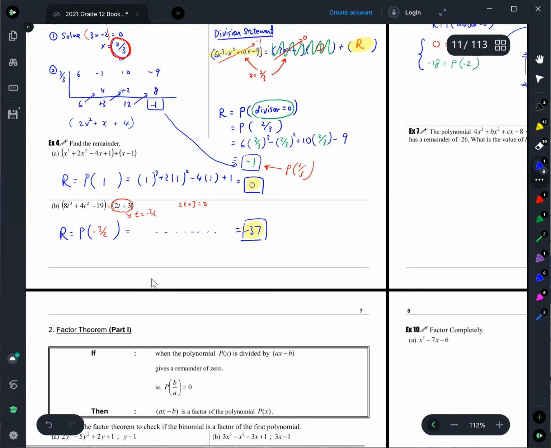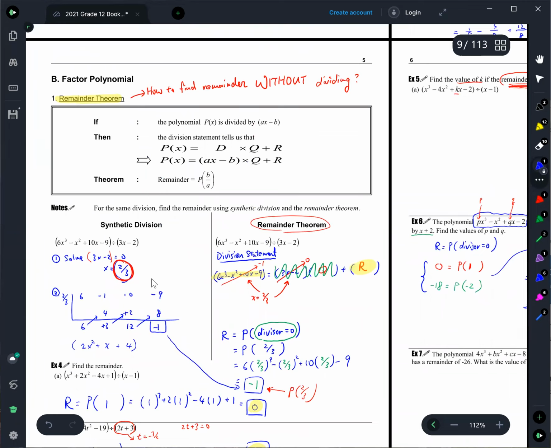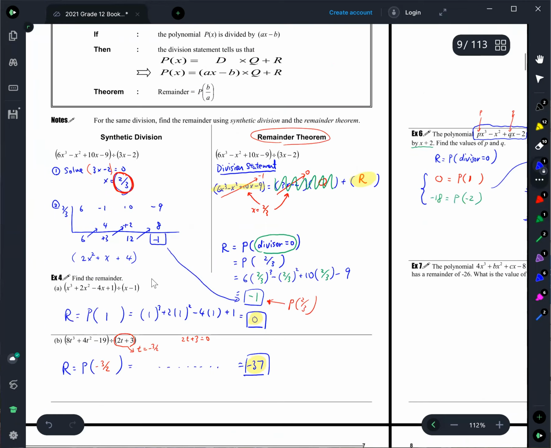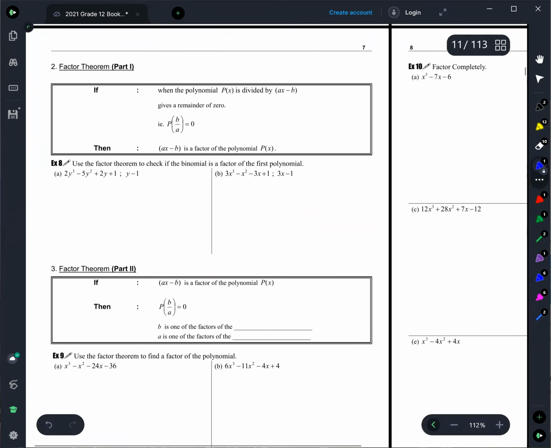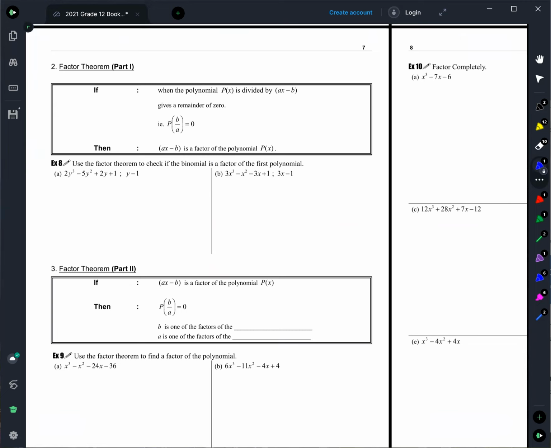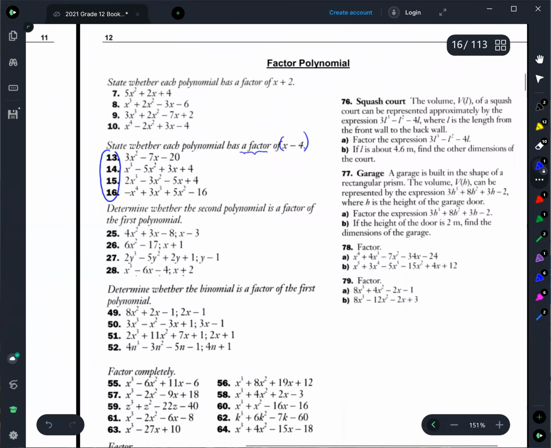Okay, so we are still on factor theorem, factor polynomial. First part has got to do with remainder. Okay, all these have to do with remainder. Next part, we are going into the factoring. So from the last homework, if you remember, it asked you to check if the divisor is a factor, right?